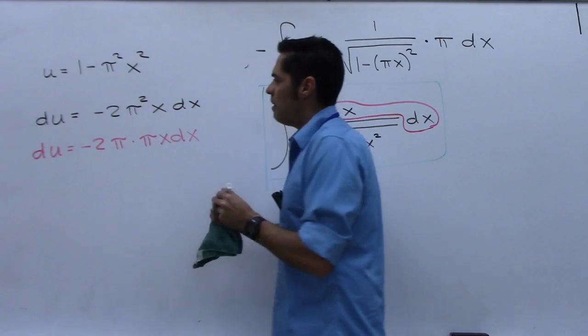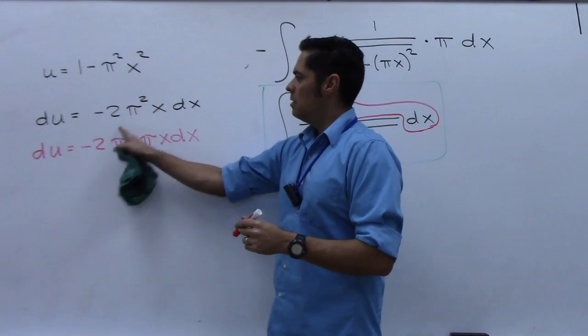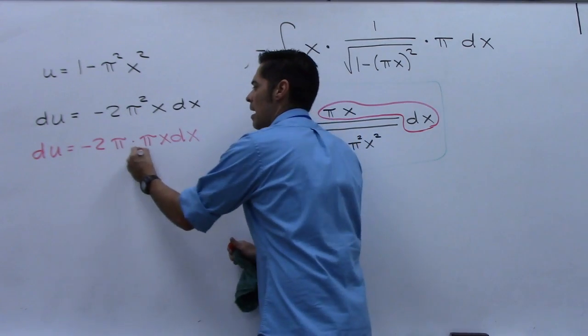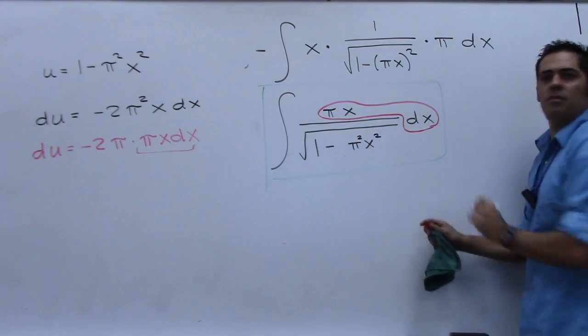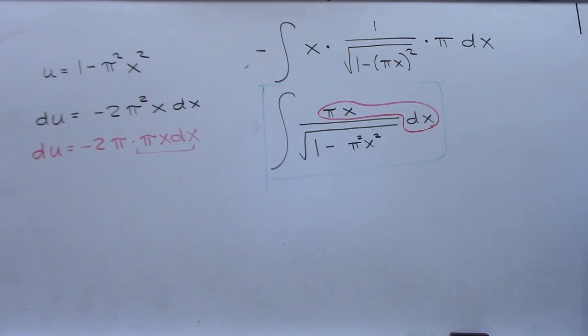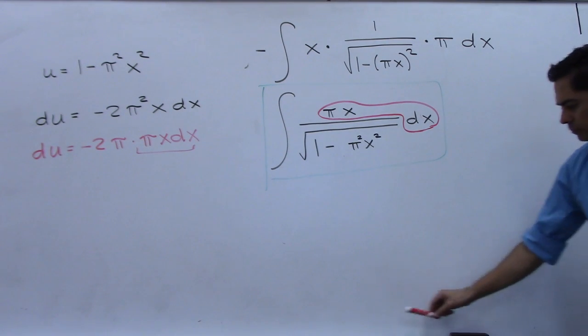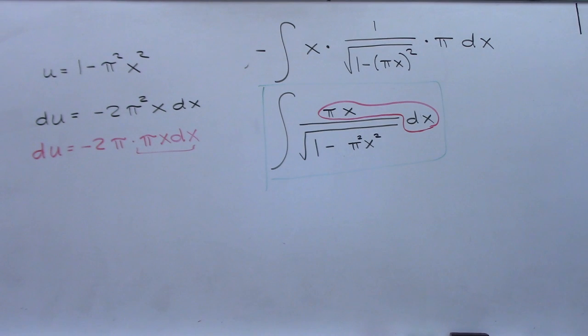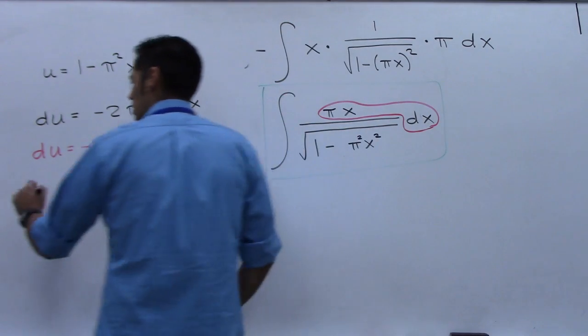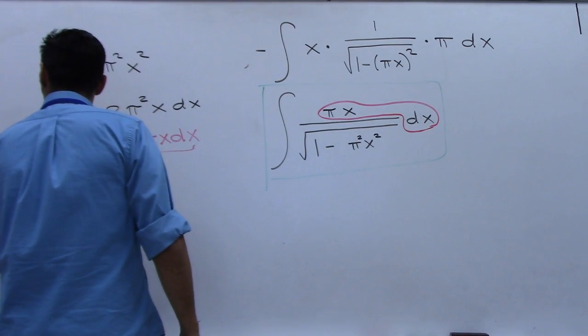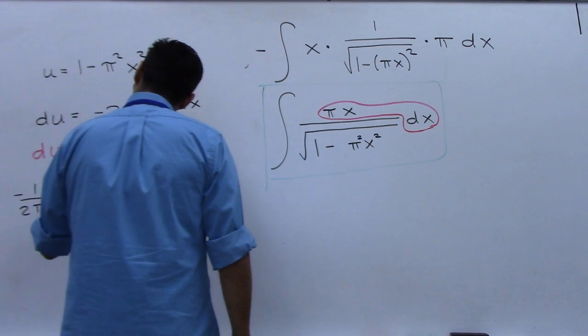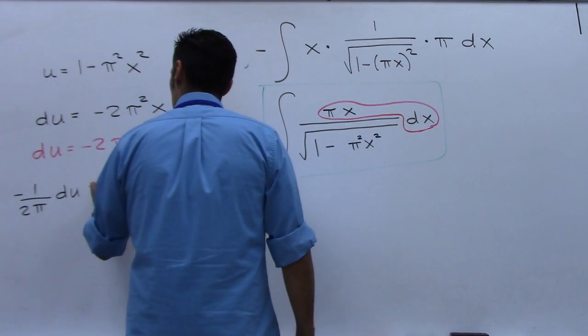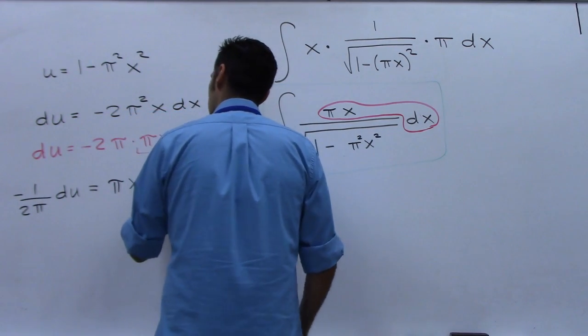What I did here is I just peeled off one of the pi's so that I could see pi x dx here to match it up with this. See me matching that? So what should I scale by on that over there to make these things match up? Negative 1 over 2 pi du is equal to pi x dx.